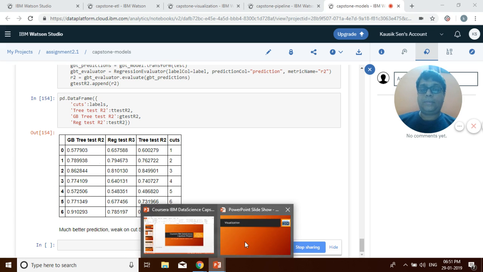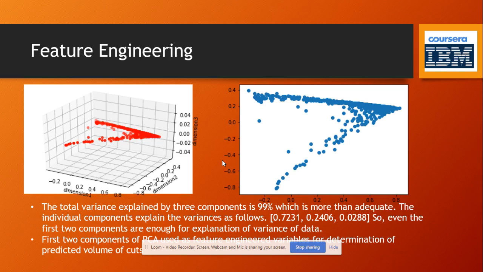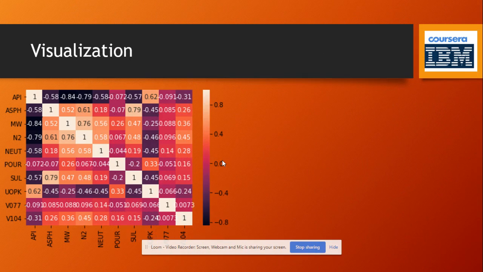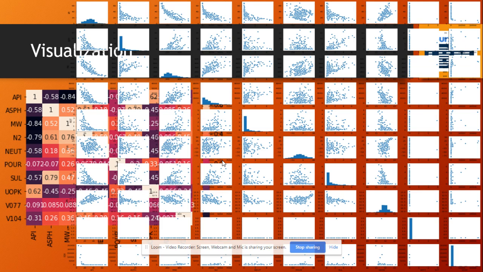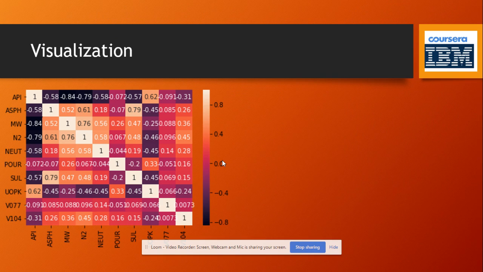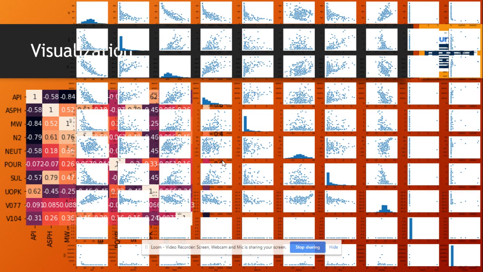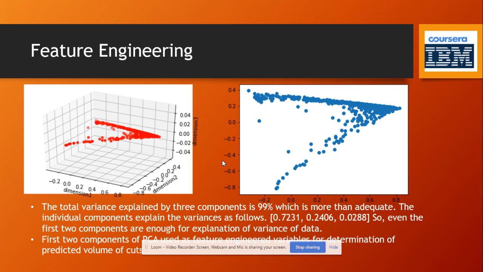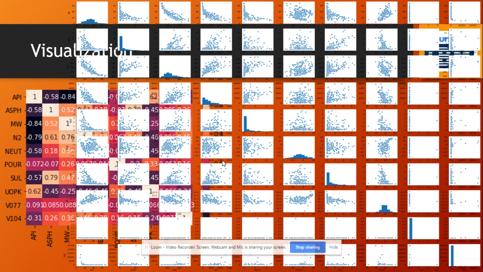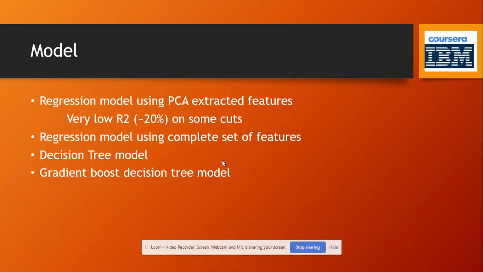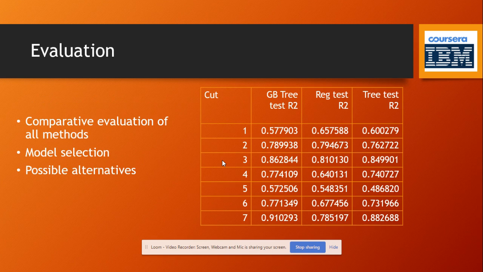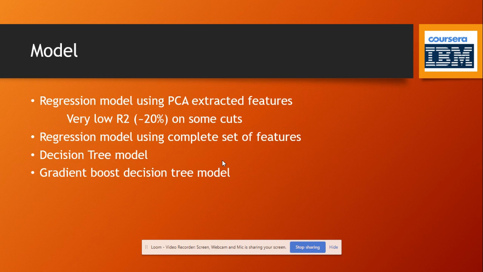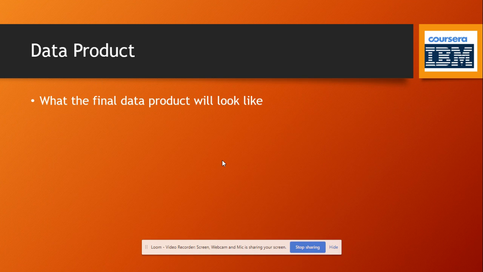So coming back to the presentation, I showed you the visualizations, which first of all the heat map, and then the individual pairwise combinations, and then the feature engineering part, and finally what we just went through was the model and the evaluation.